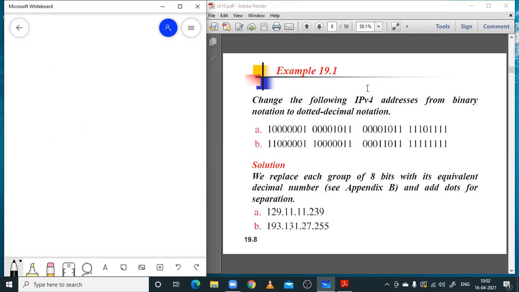So this is one example where we are trying to change the binary representation to the dotted decimal representation. Similarly, you can also change the decimal notation to the binary notation.